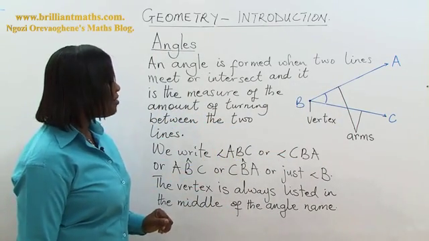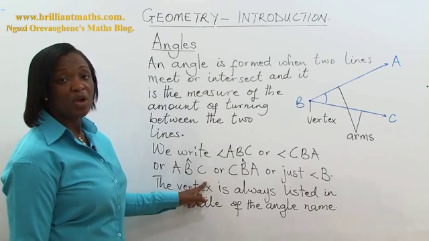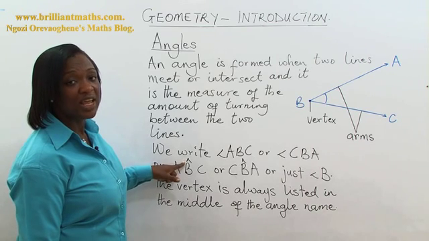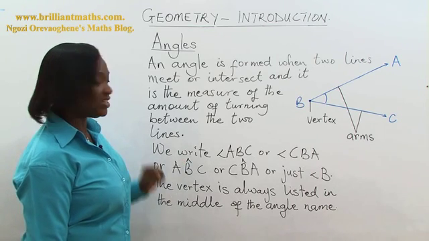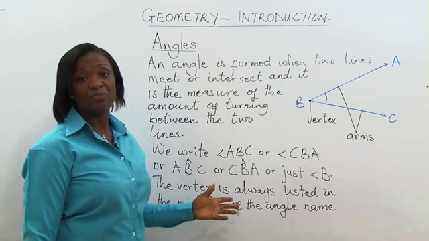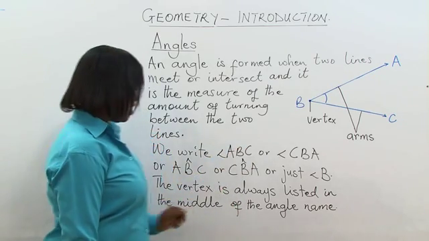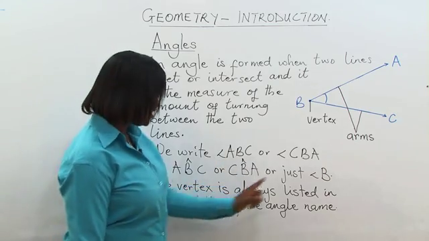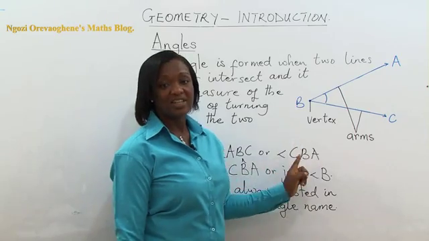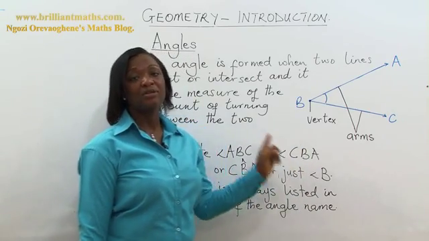Or we could name it as angle ABC with the angle sign on top of B, showing that the angle is actually at B, that B is the vertex. Or CBA, or just angle B in this case. The vertex is always listed in the middle of the angle name because the vertex is where the angle is.